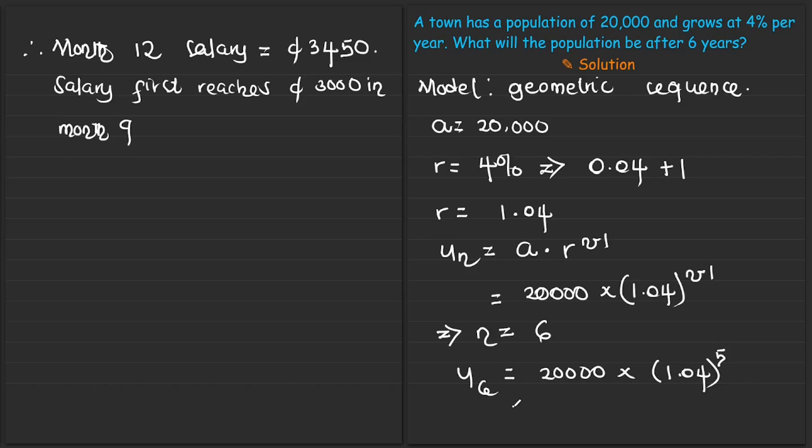Evaluating this whole thing, we are going to get 20,000, and if you punch this on your calculator, you are going to get 1.2653.